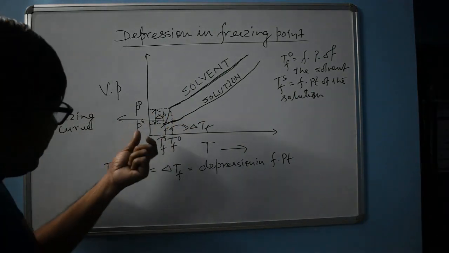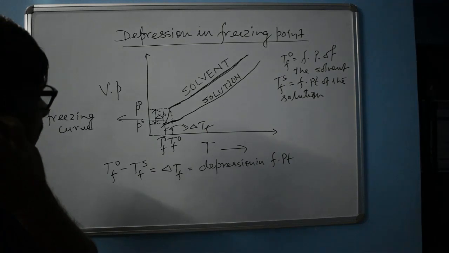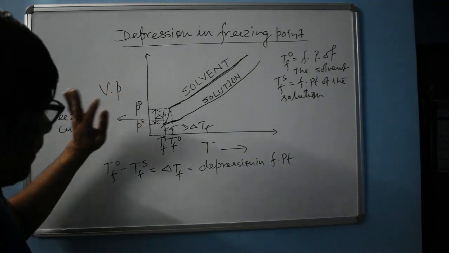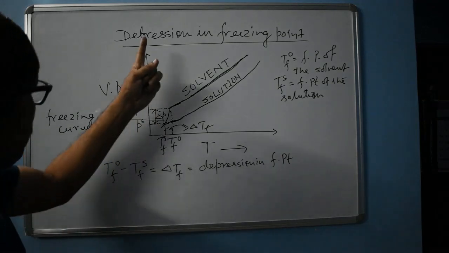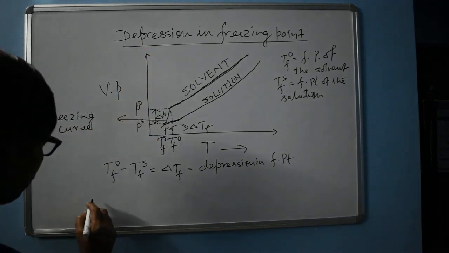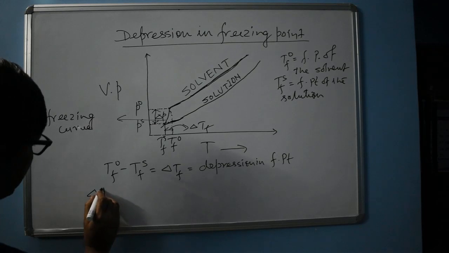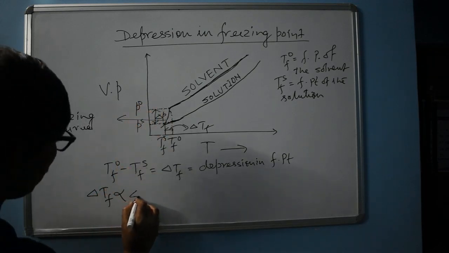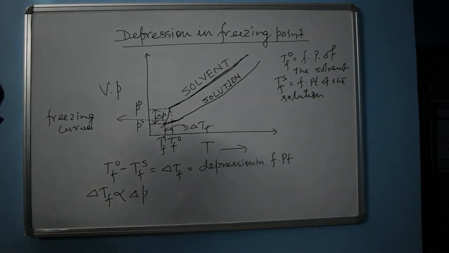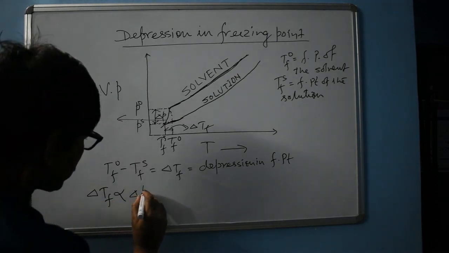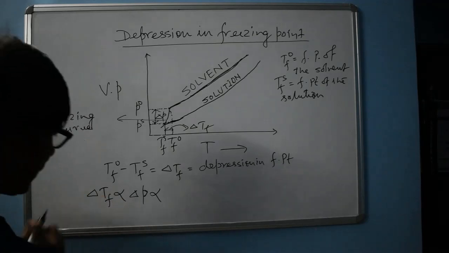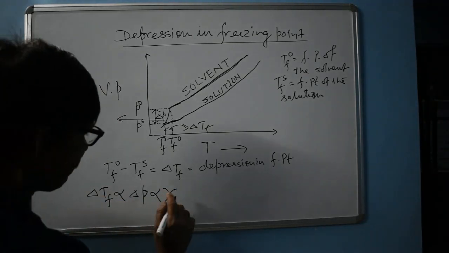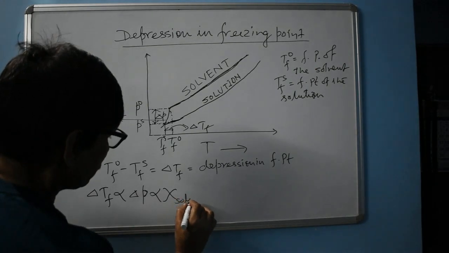So how much depression in freezing point will there be? It will depend again on the lowering of vapor pressure. So from here we can write that depression in freezing point is directly proportional to lowering in vapor pressure, and we have already done in Raoult's law that this lowering in vapor pressure is directly proportional to the mole fraction of the solute.